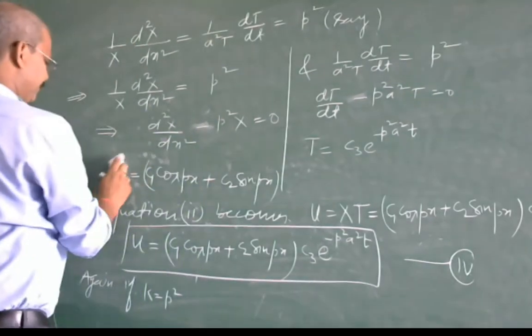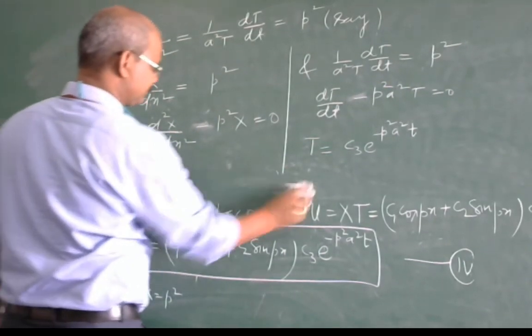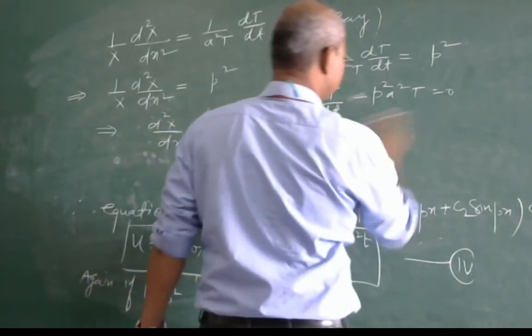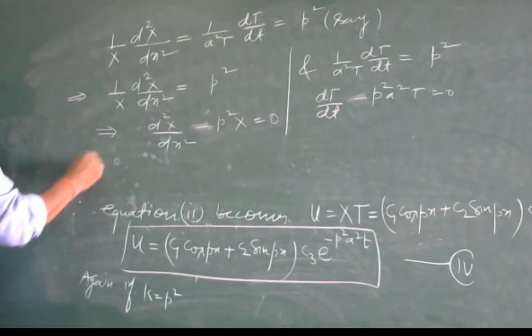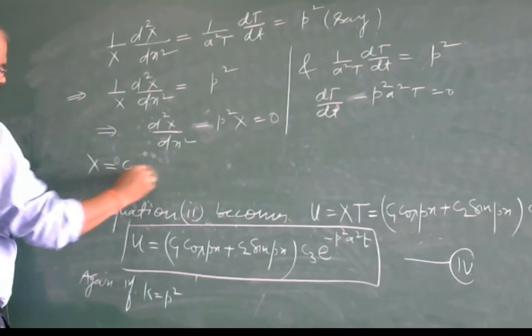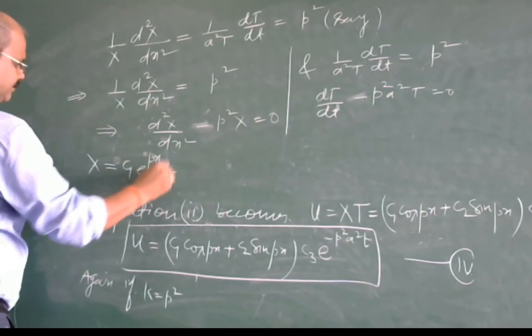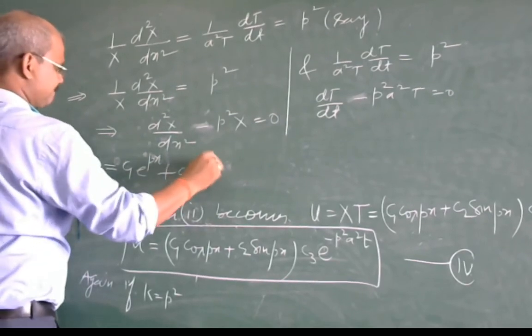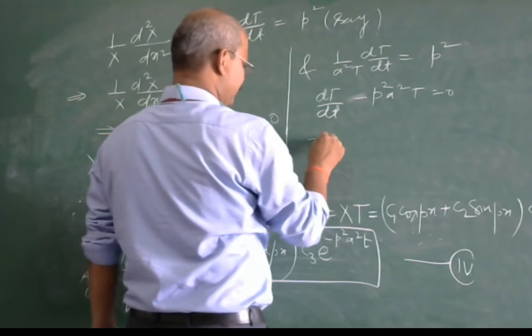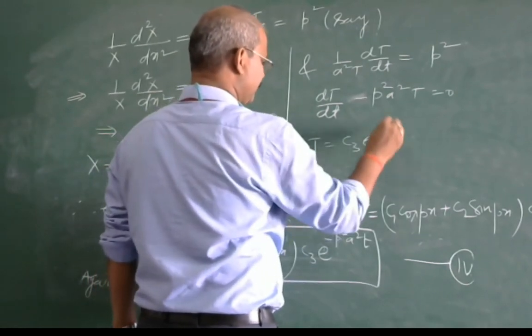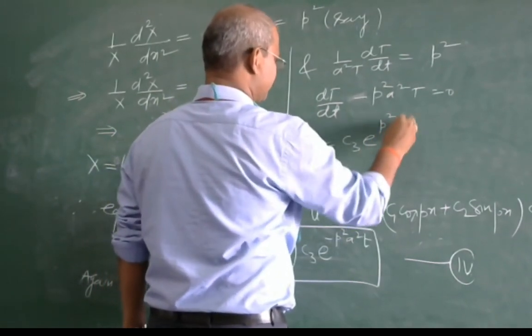Now x should be, in this case, the value of x is c1 e to the power px, and here p equal to c3 e to the power p square a square t.